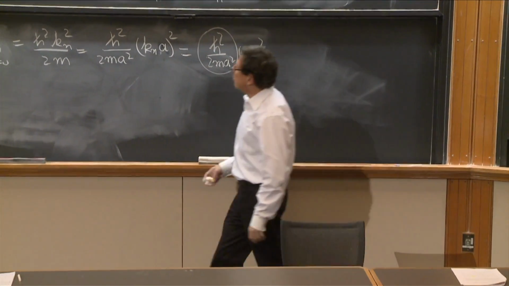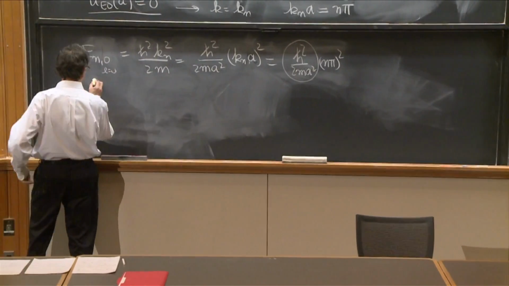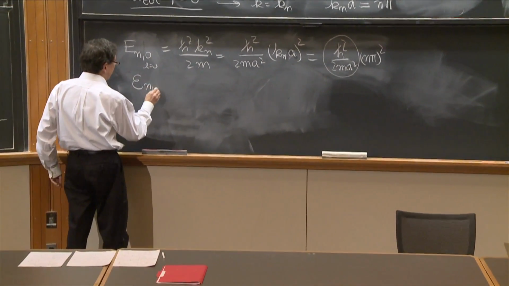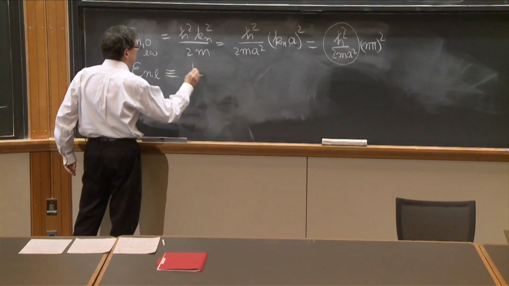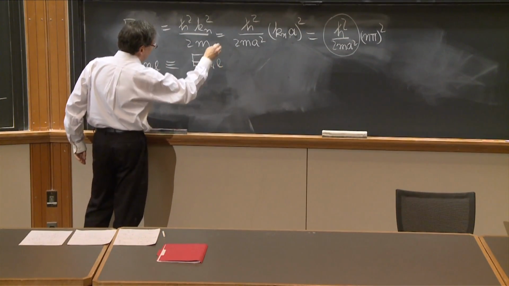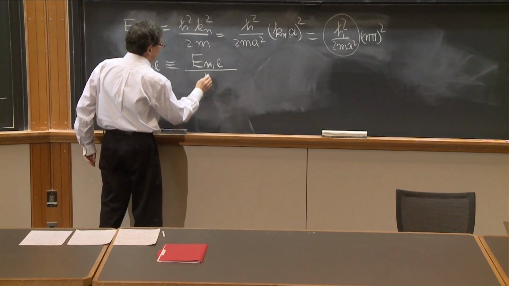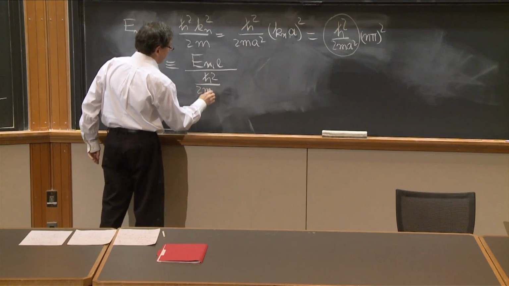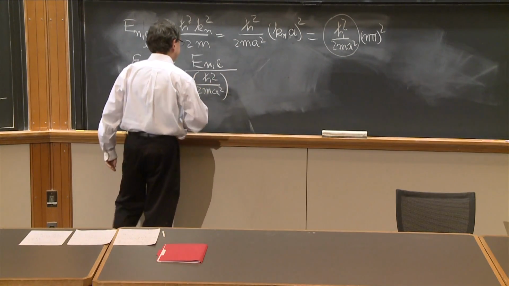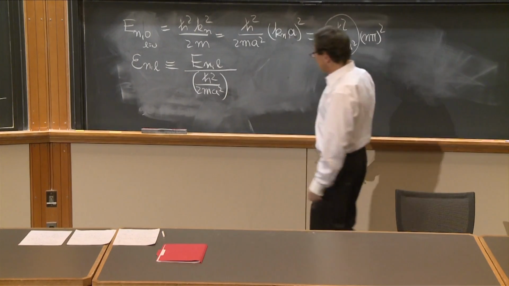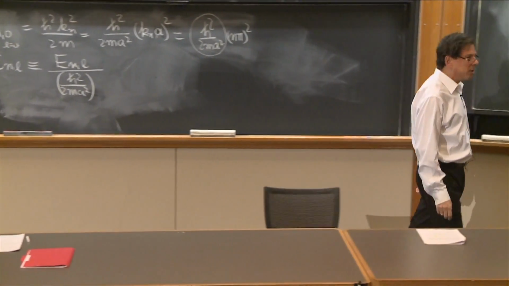So it's convenient to define, in general, calligraphic ENL to be ENL for any L that you may be solving, divided by h squared over 2ma squared, so that this thing has no units.